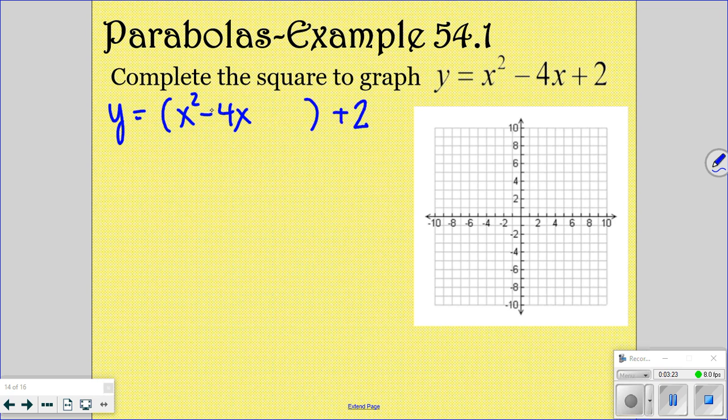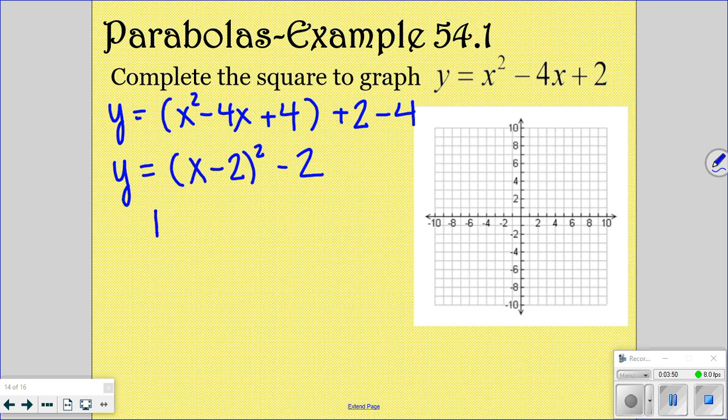So if we complete the square, half of -4 squared is 4. And so if we add 4 to the equation, we have to subtract 4 to make it balance out. And so then we can actually complete the square and factor this, x minus 2 squared, and then we'll have minus 2.